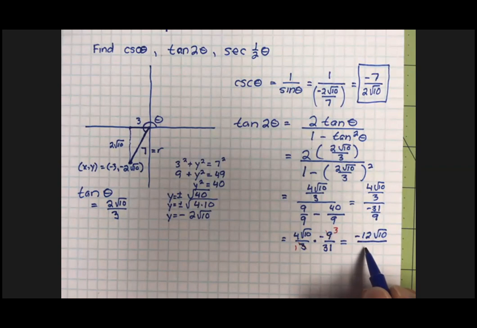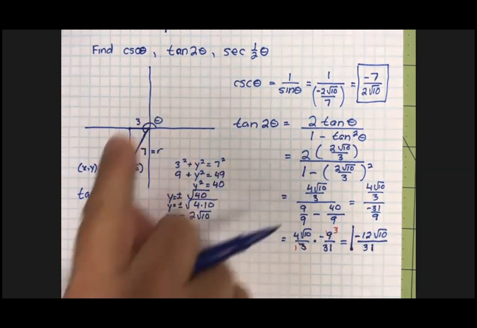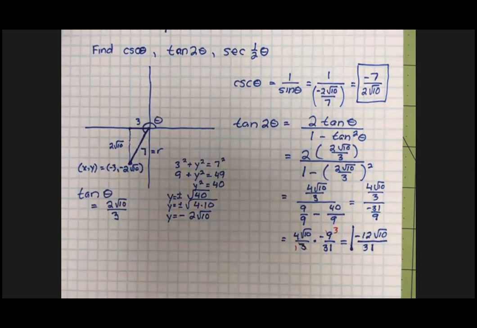I was doing good with my paper raising. Then I just ran out of space. So this is the value of the tangent. Now, I'm a little bit nervous right here because tangent in that quadrant should be positive, right? In the first and third quadrants, tangent of an angle should be positive.